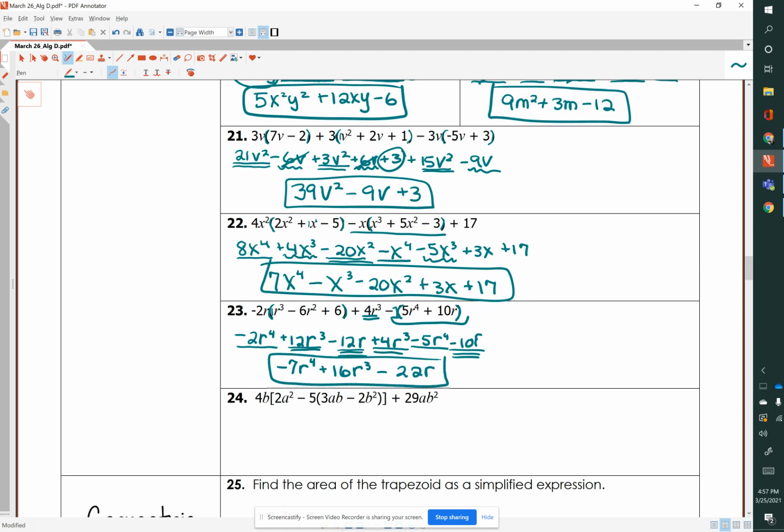And finally, number 24, 4b times the quantity of 2a squared minus 5, what within that is multiplied times the quantity of 3ab minus 2b squared. And then at the end, we have 29ab squared added. So let's start from the inside out.